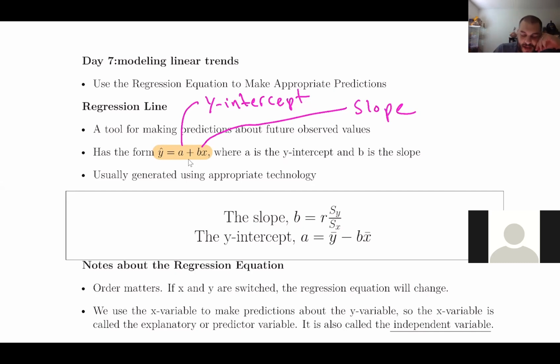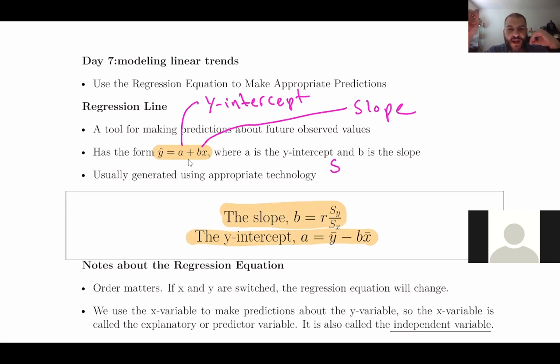If you look right below, here are our formulas. That's the formula for slope. That's the formula for the y-intercept. You have some variables that you should know, like S. You should know S stands for standard deviation.